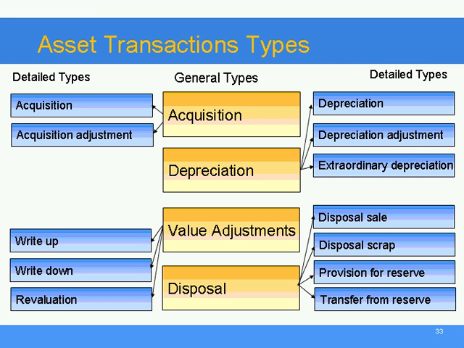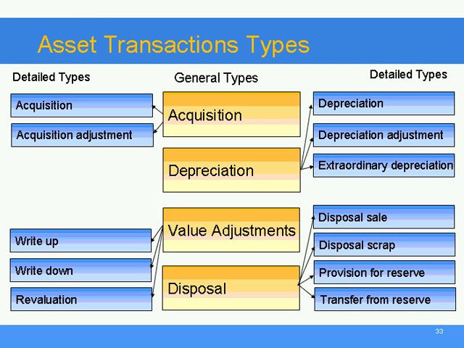AX form. Fixed assets follow these transaction types: acquisitions, depreciation, value adjustments, and disposals. You see in the middle of the picture those transaction types. For each of these types, Microsoft Dynamics AX offers the daily transaction types. For acquisition, acquisition and acquisition adjustment. For depreciation, depreciation, depreciation adjustment, and extraordinary depreciation.